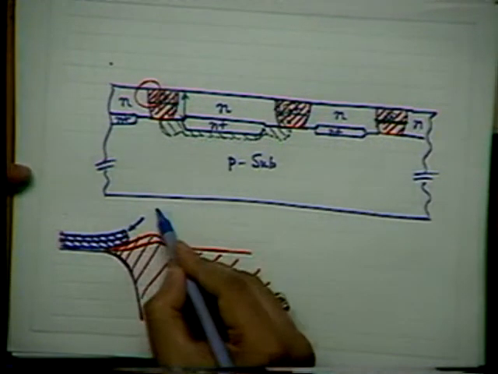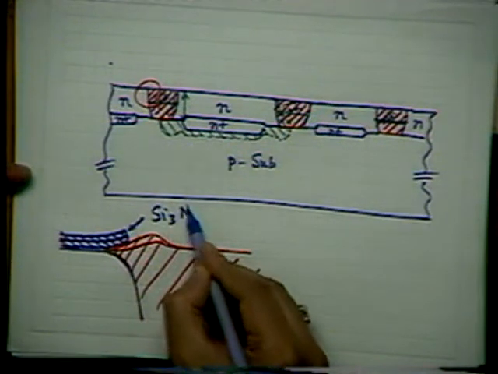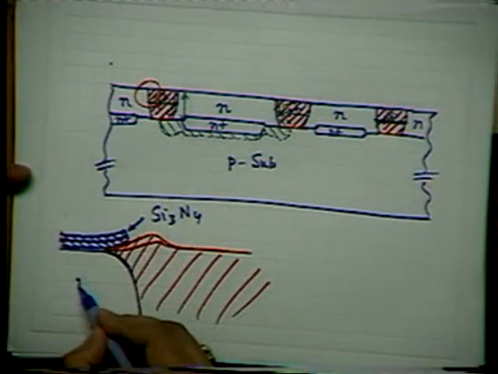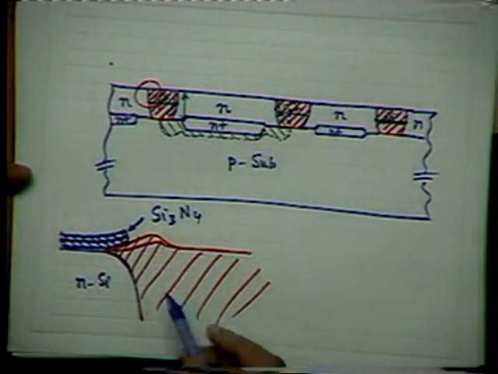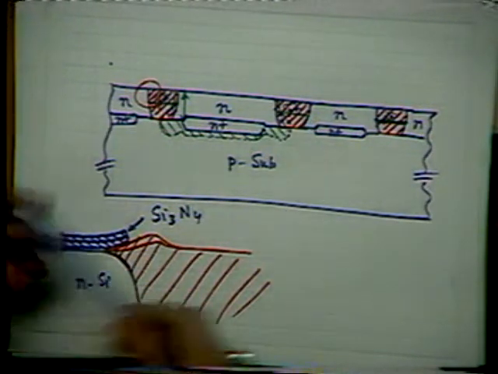This one is your nitride. The blue one is nitride, Si3N4. And this is your N-type silicon region. And this is your silicon dioxide.